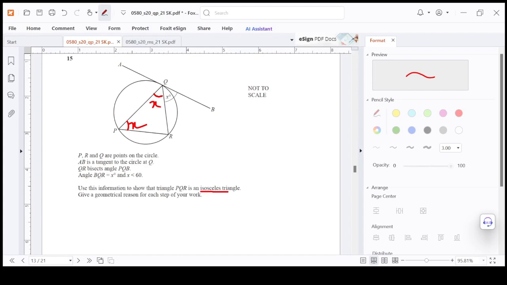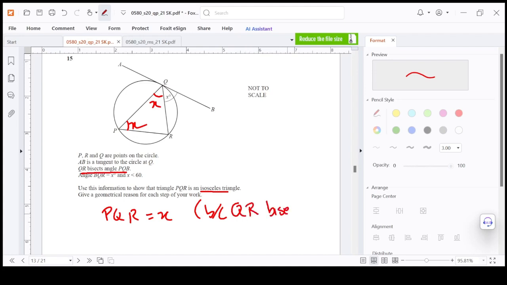Okay, so the geometrical reason is that angle PQR equals x because that's given in the question, QR bisects angle PQB.